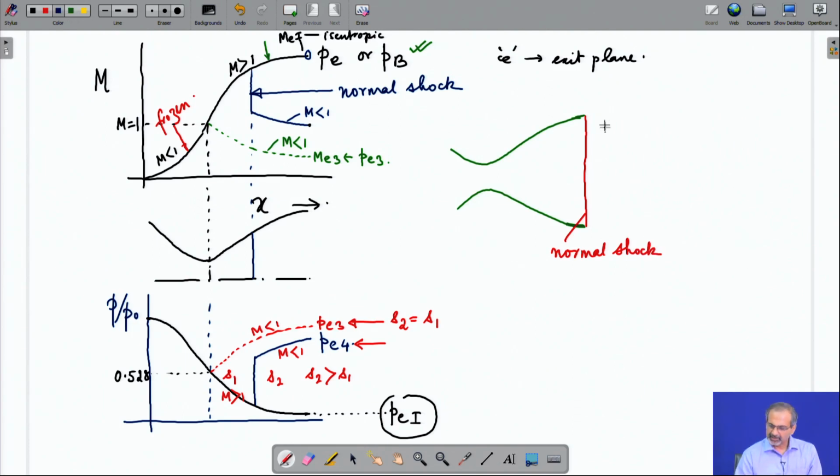What are the other possibilities? Well, you could have an oblique shock, a pair of oblique shocks at the exit plane. That is another possibility. You could have still another possibility, that is, you can have expansion fan outside the exit plane.